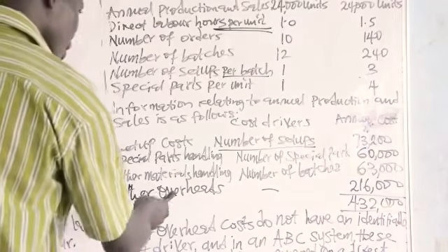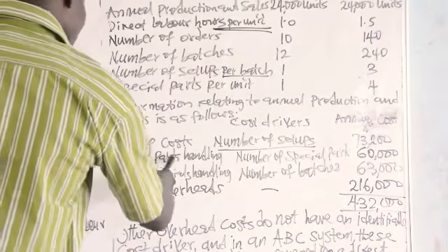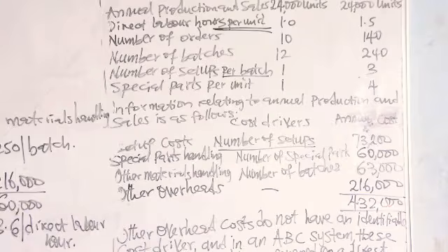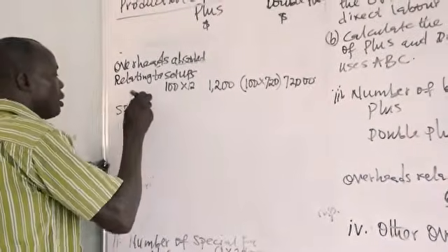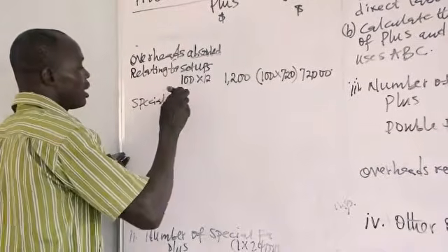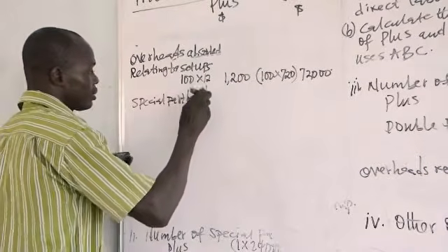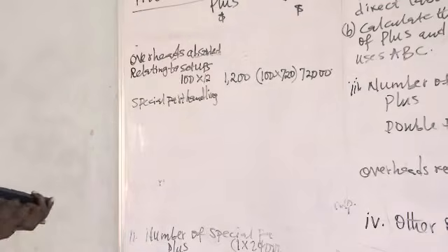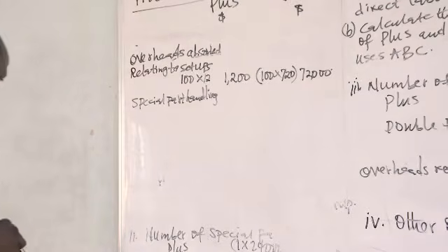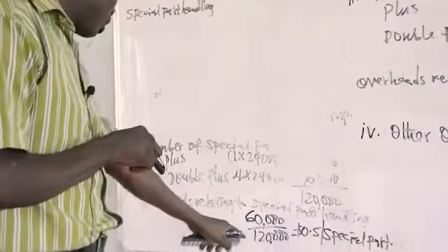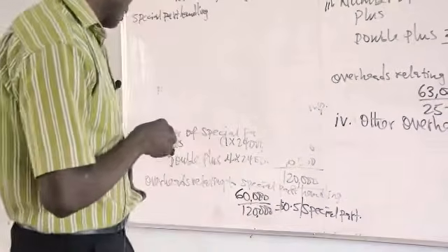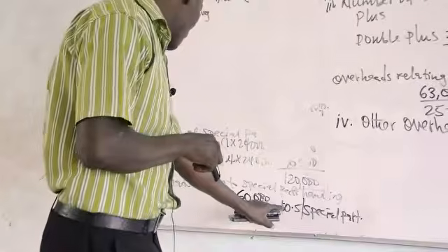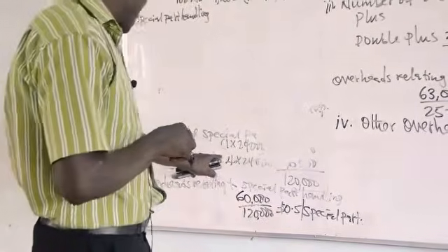The overheads relating to special parts handling. And the recovery rate we got then is 0.5 per special part.